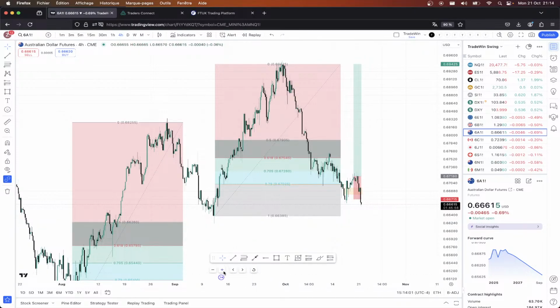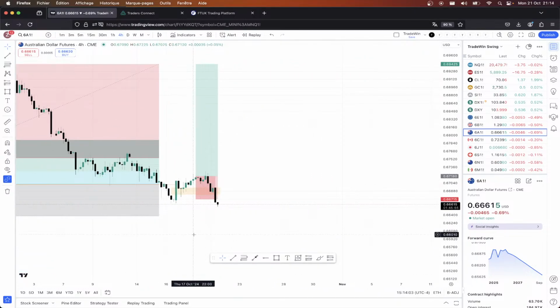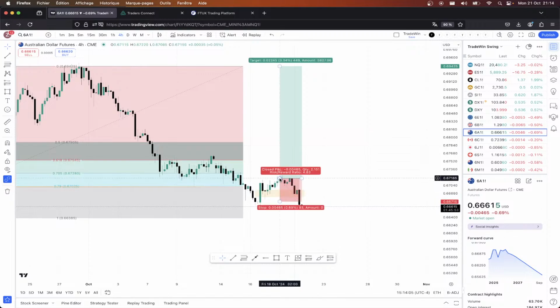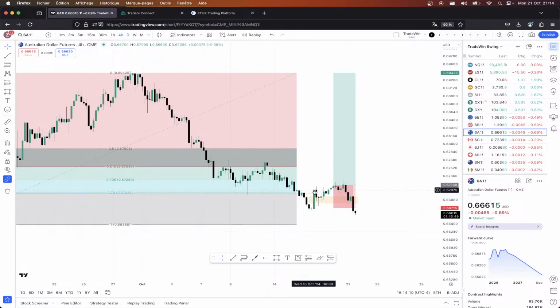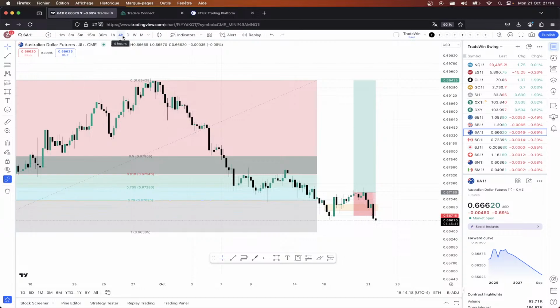So that's what I did. I entered long a bit late, maybe. I should have entered exactly there once I had my inversion pattern here. So just to remind you, I'm only working in the 4-hour time frame.